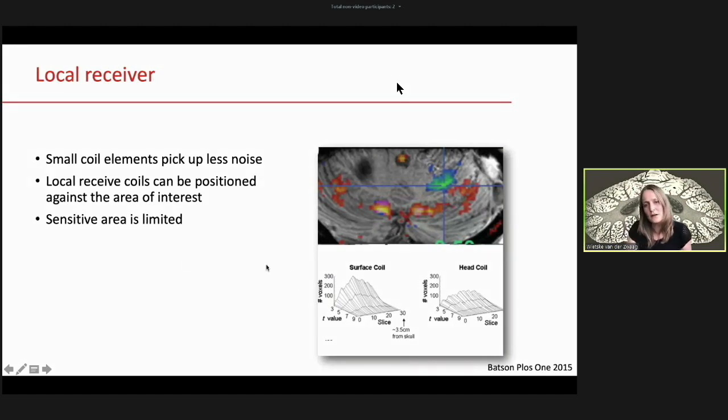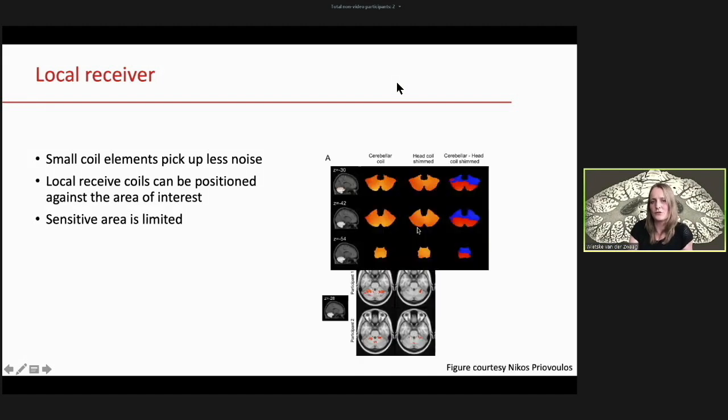So here's an image that shows just how local that signal advantage is. We see a big increase up to about 3 centimeters from the skull, so roughly to where you would find the hand movement region, for example. Here in green, these regions all benefit from having local coils. If you move further forward, then it's maybe more difficult.